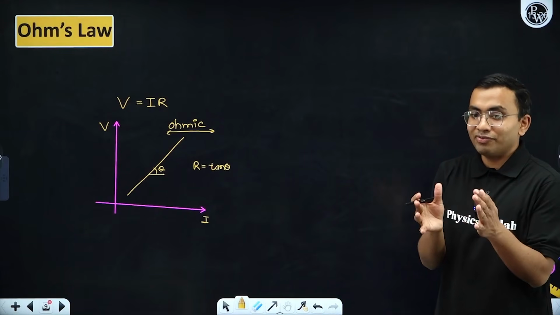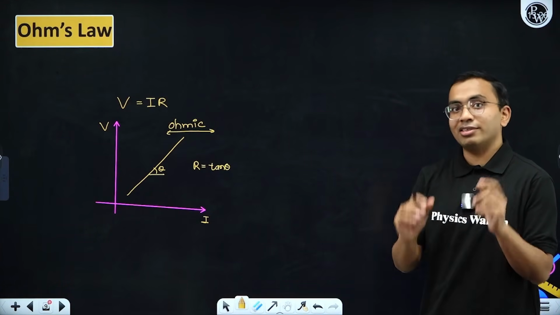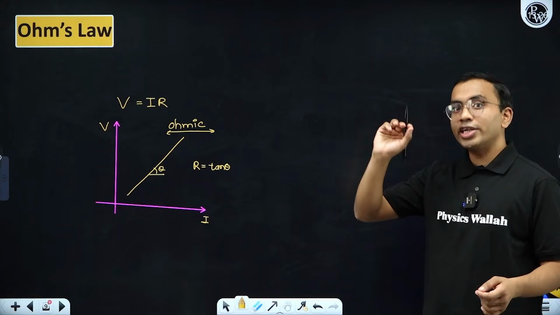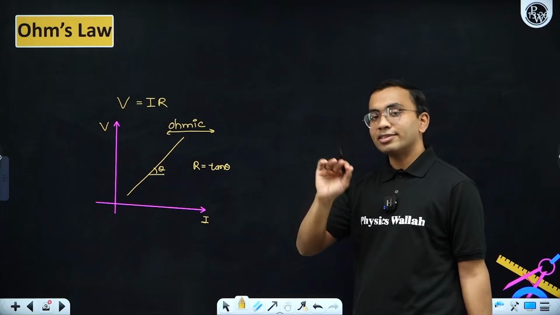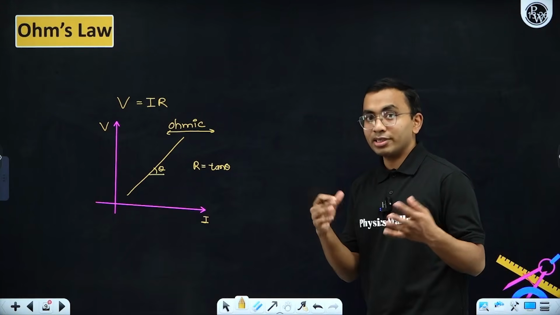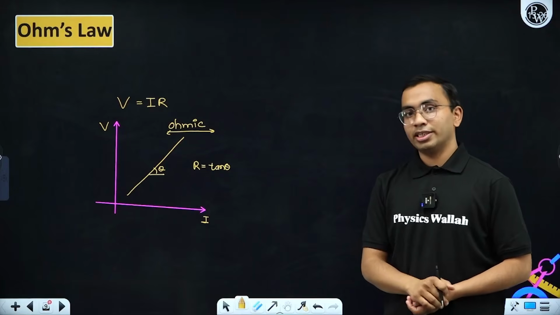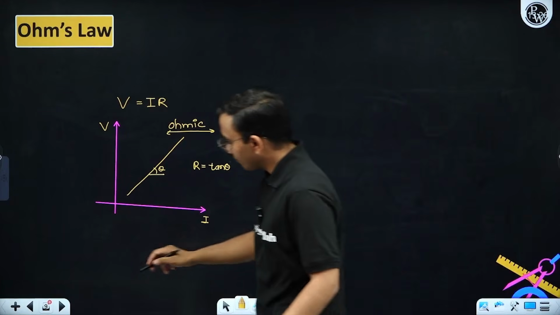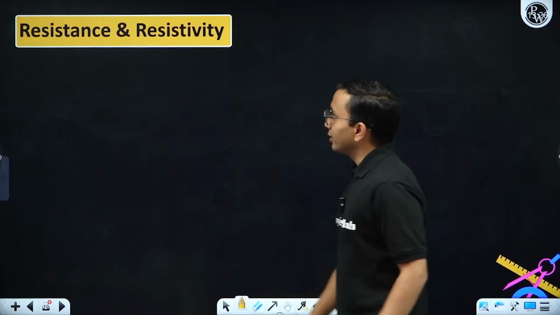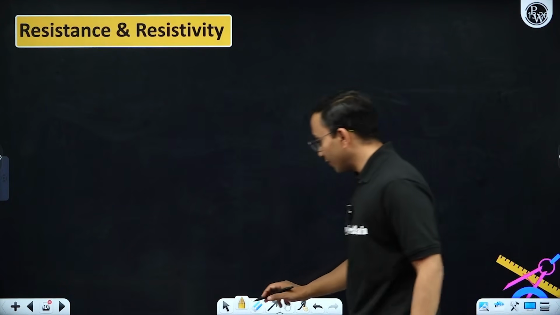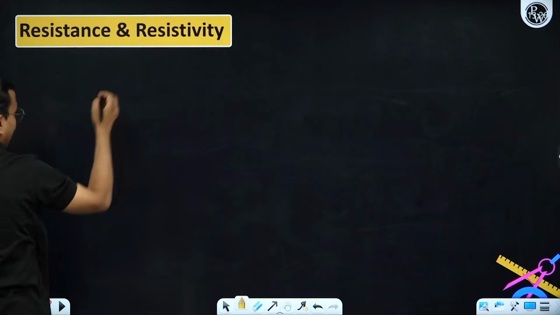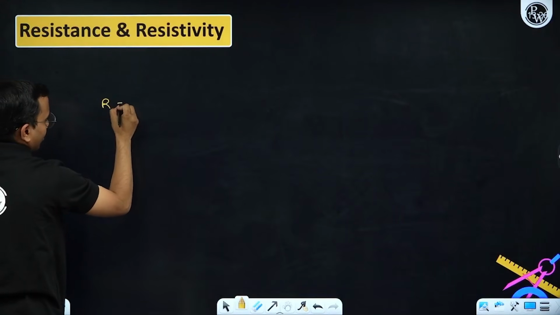There we find the dynamic resistance, the instantaneous slope, because the resistance is not constant in that particular case. It is not a straight line in that case. Now resistance and resistivity: resistance is basically V by I.